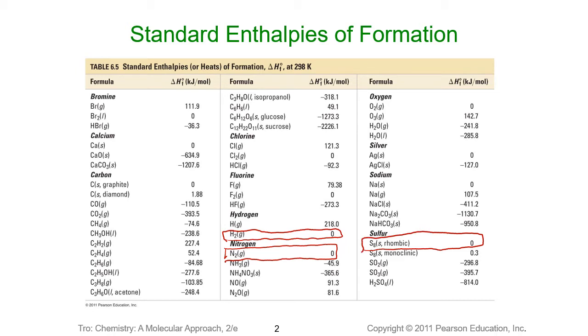Remember sulfur is polyatomic, it's in the solid phase, and this is rhombic, a way the atoms are arranged in their structure. There are 2 different ways we can arrange them. The rhombic is the standard state. If it's monoclinic, then that is not the standard state. So don't let that throw you. The rhombic part is not essential for solving the problem. It's just a way that we denote the proper elemental form.